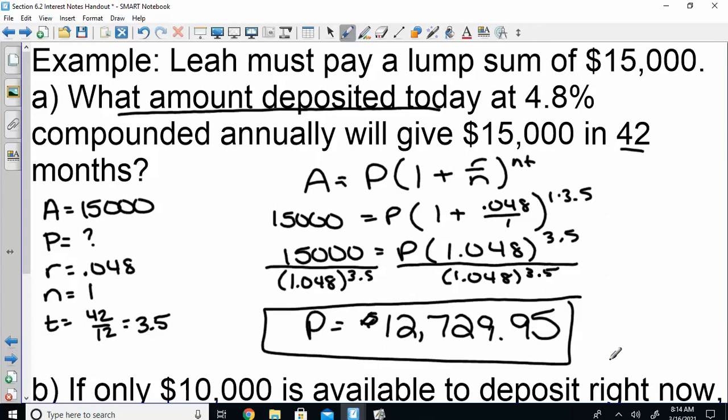This is my present value. It should be smaller than 15,000. If we're going to have 15,000 in the future, then we have less than that right now. And I get $12,729.95.